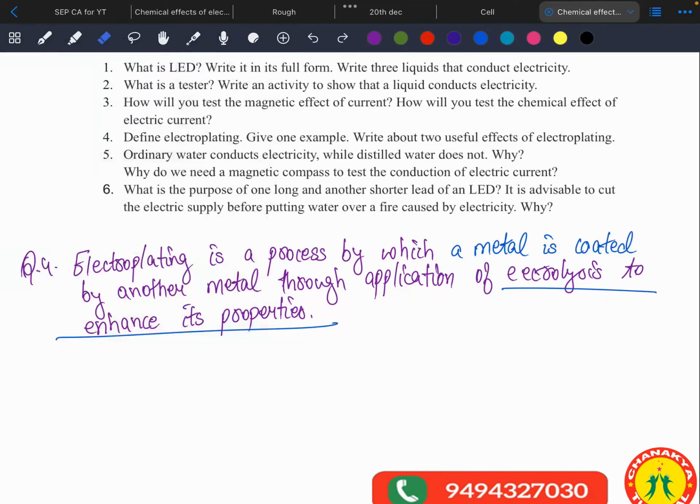No, for electroplating it should be coated on another metal.